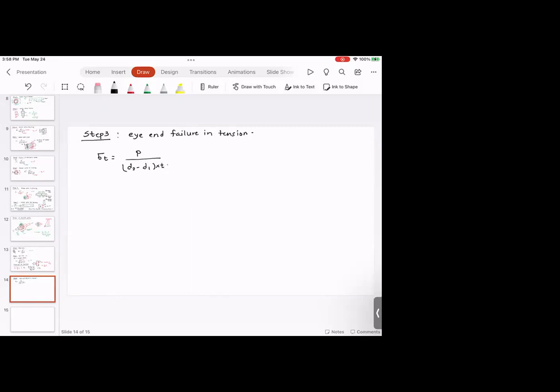I just want to show you what we mean by eye end in tension. This is the eye end.